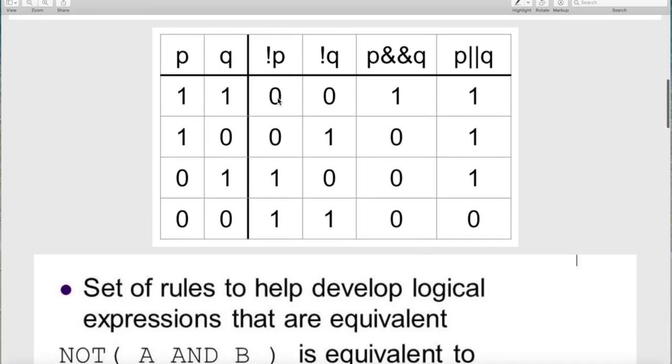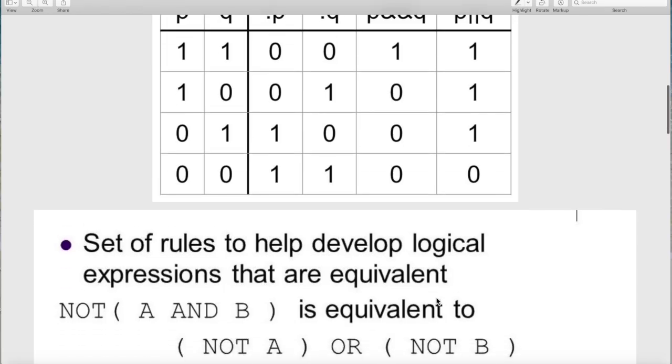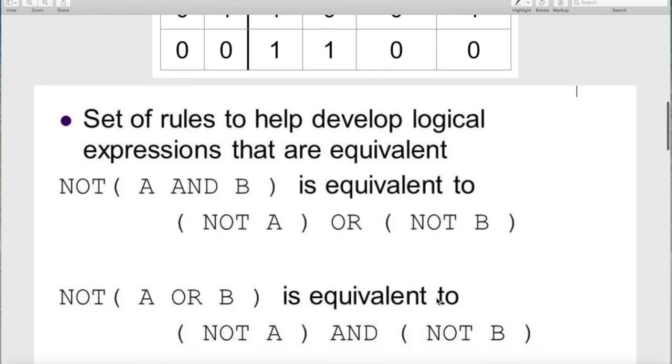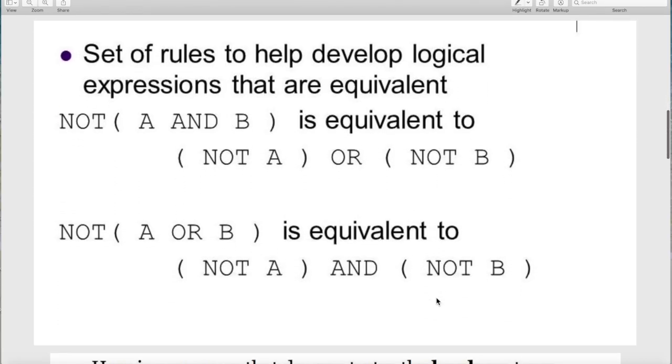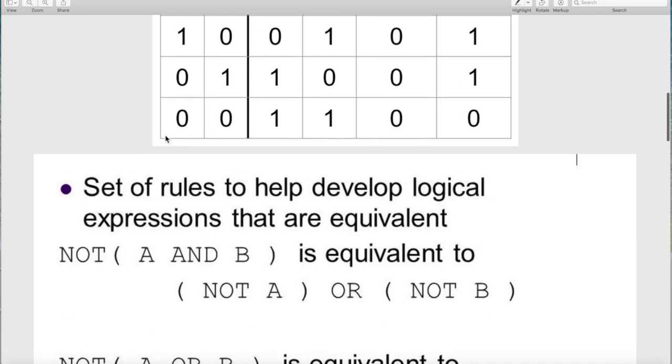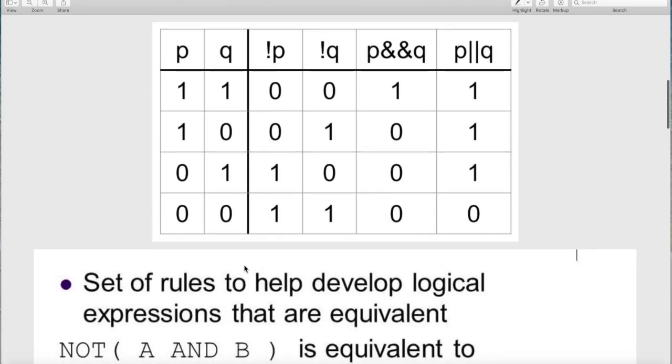There are some rules when it comes to working with the NOT. NOT is very important because a lot of times we think about what's not true as opposed to what is true. So the rule that we're going to see now is called De Morgan's laws. This is coming from something called Boolean algebra, where you can actually distribute and factor. That NOT is represented by an exclamation.